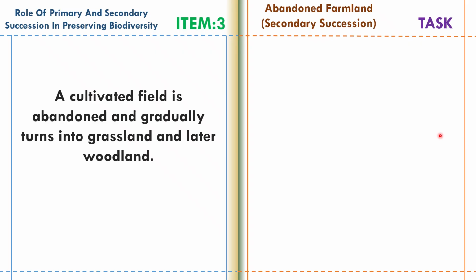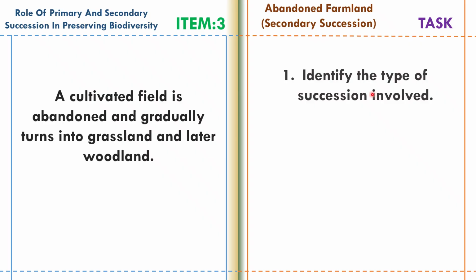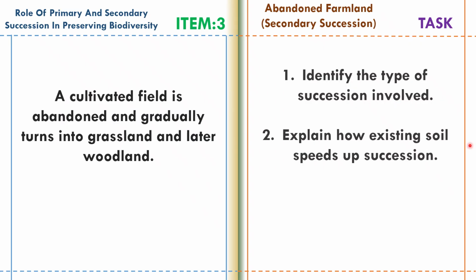Task. Identify the type of succession involved. Explain how existing soil speeds up succession. State one biodiversity benefit.